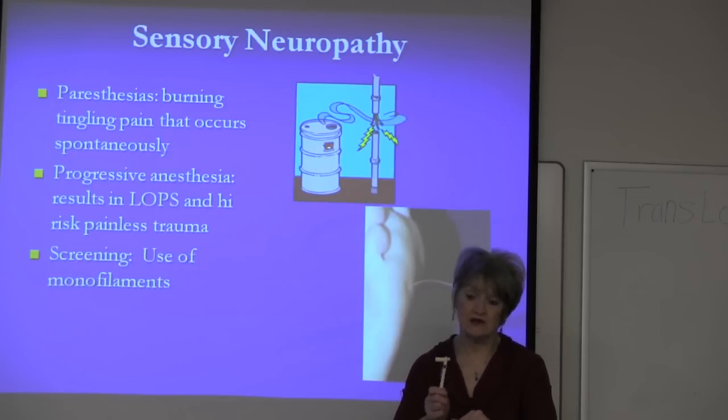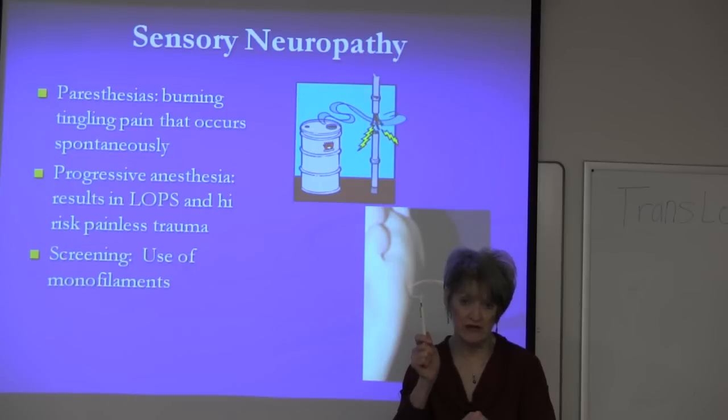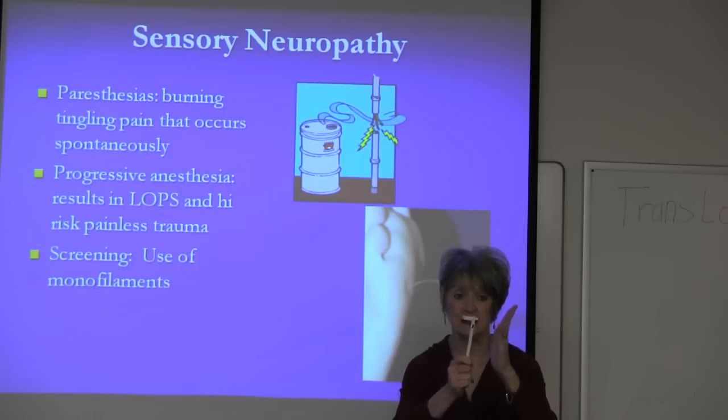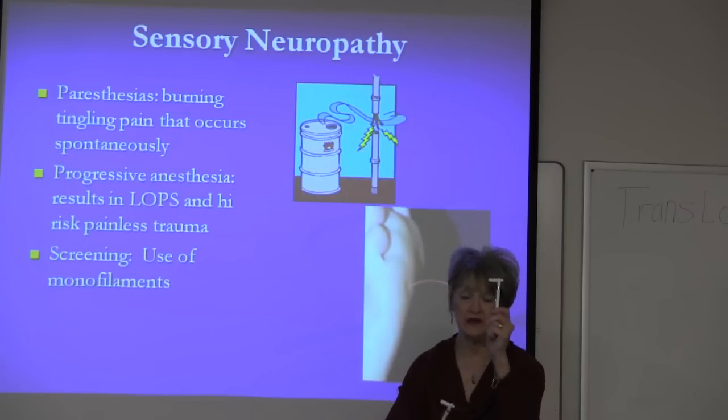Some centers, in our center we do this, we also carry the 100-gram monofilament, 10 times stiffer than the 10 gram. This is also known as a 6.10. If they fail to respond to this, they are considered to be totally insensate. So if they fail to respond to 5.07, they have loss of protective sensation.